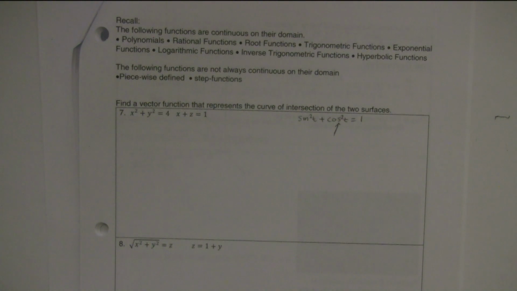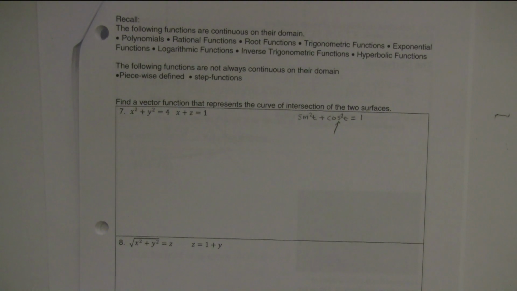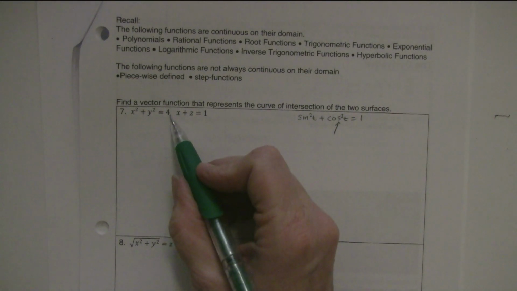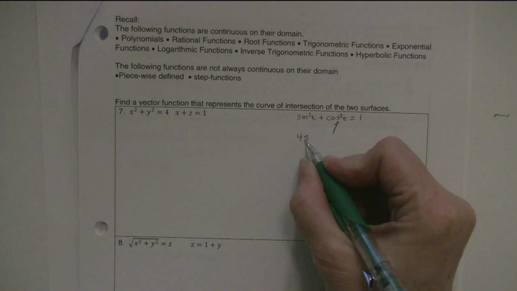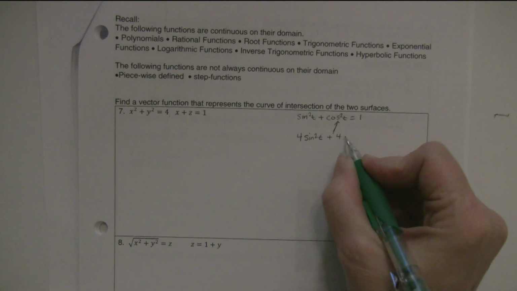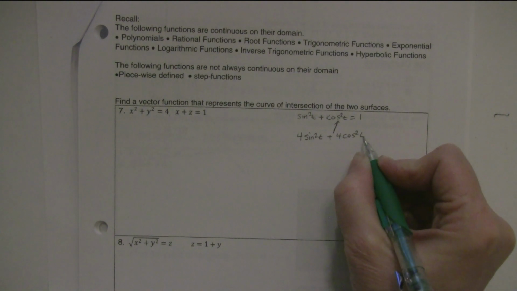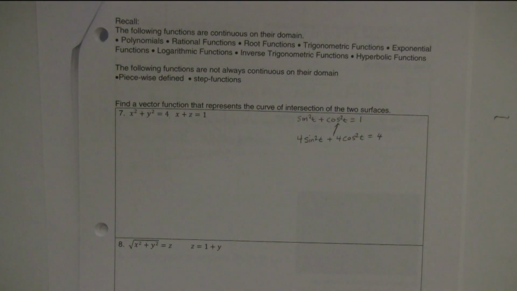It's not necessary, but if you want to match the back of the book, there are infinitely many answers for these. Now, this time I have equals 4, so that would mean it's 4 sine squared t plus 4 cosine squared t equals 4, right? I'm just building out what I have over here.